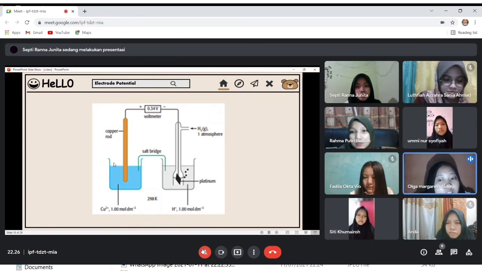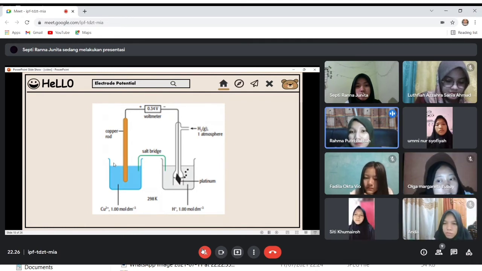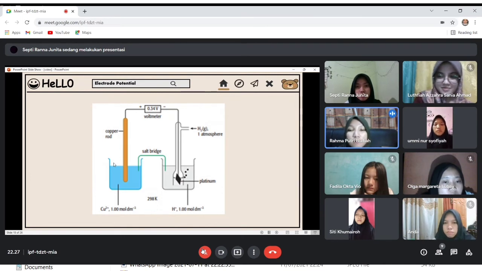Because the value can be read on the voltmeter, Miss. Okay, but that is the value of the cell potential between copper ions and the standard hydrogen electrode, because the voltmeter shows the standard cell potential of a galvanic cell consisting of a standard hydrogen electrode and a half cell of copper.